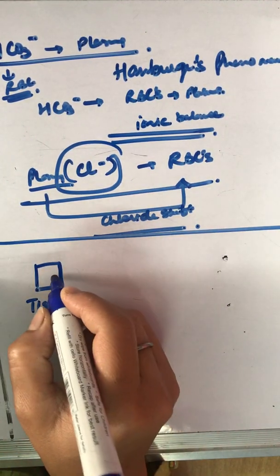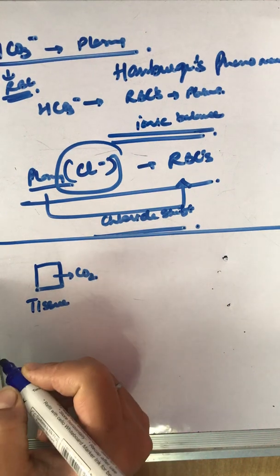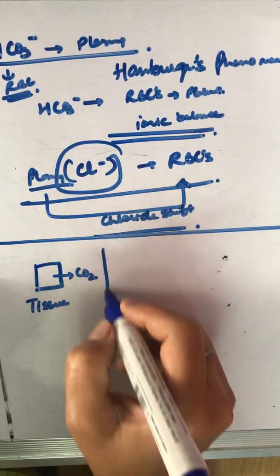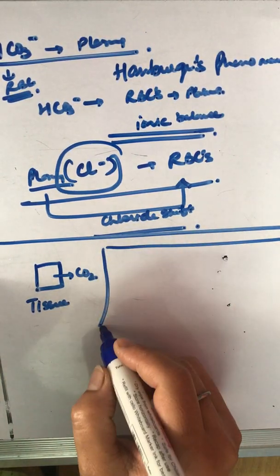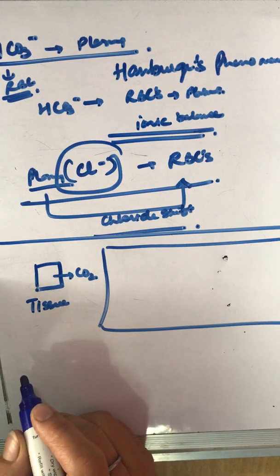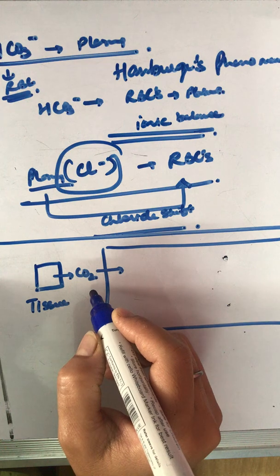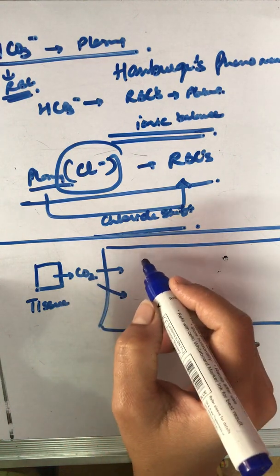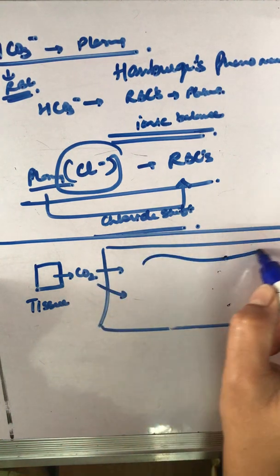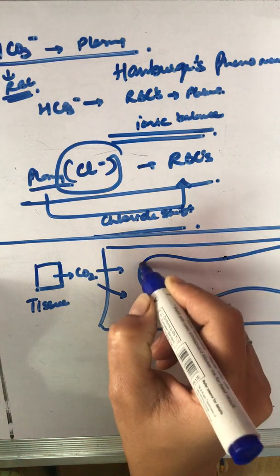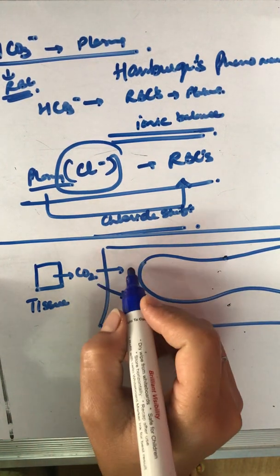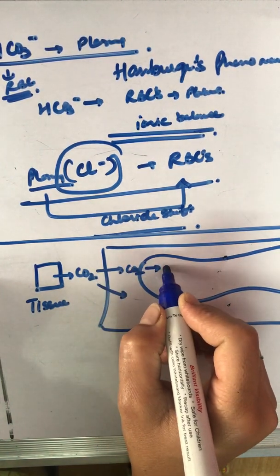Okay, what came out of the tissue cell? CO2. Where does it go? Into the capillary. This is a capillary in which it has to go. Now it enters into the capillary, and inside the RBCs, supposing this is a red blood cell, this CO2 will enter into the RBC.